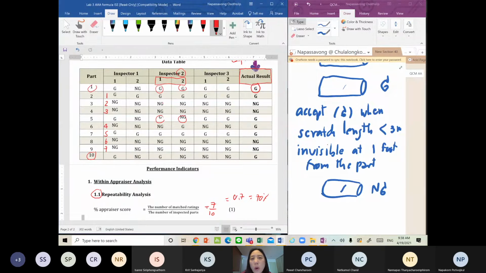To quantify this is very easy. We're just looking for the number of parts where this operator gives the same result. So let's do this together.